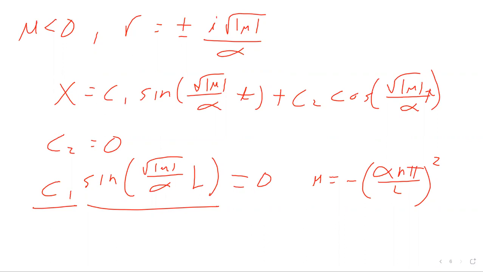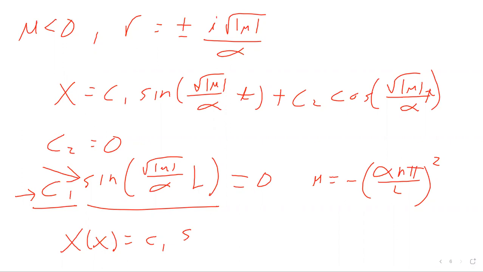So if we plug this in and solve for our equation, it's going to be some value. Now, we don't know what C1 is, because we established that our sine was 0. So there's potential for it to be whatever based on our initial conditions.